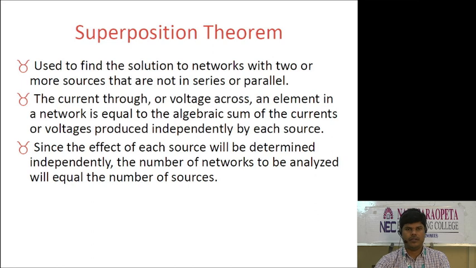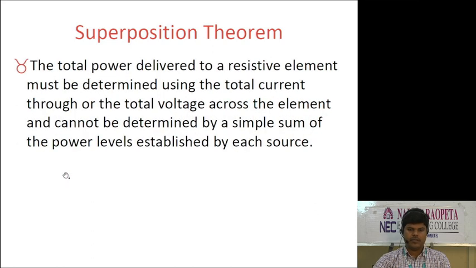See this one: the total power delivered to the resistor must be determined using the total current through or the total voltage across the element, and cannot be determined simply from the power levels established by each source. As I told you previously, if we have three voltage sources, we will get three responses.